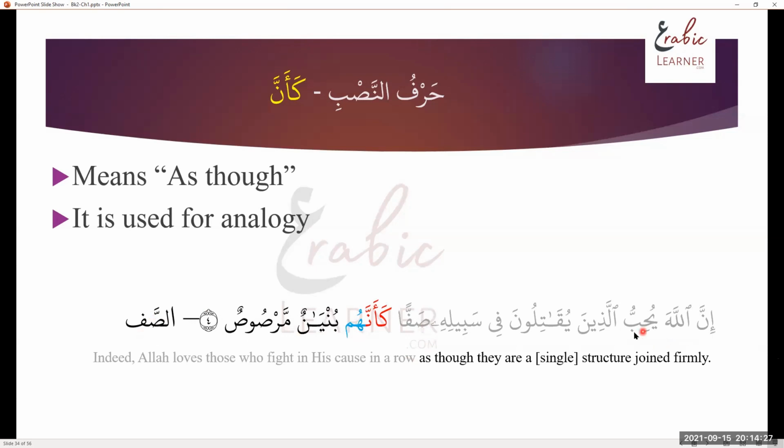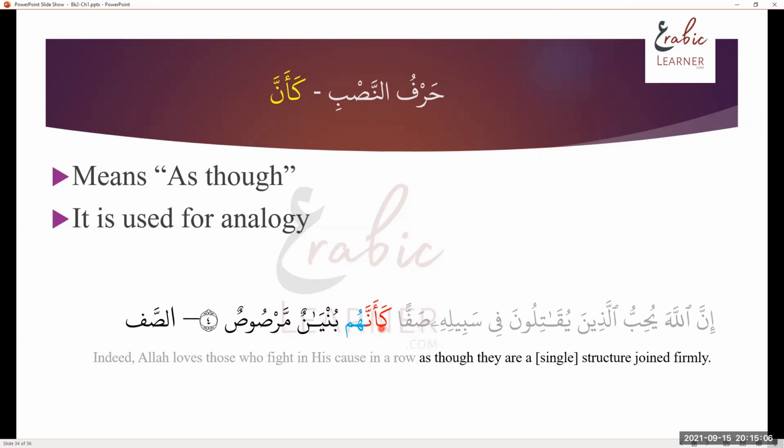Inna Allaha yuhibbul ladhina yuqatiluna fi sabilihi. Indeed, Allah loves those who fight in his path, saffan, as if. Saf means a straight row, a straight line. Ka'annahum, as though. So it's an analogy.